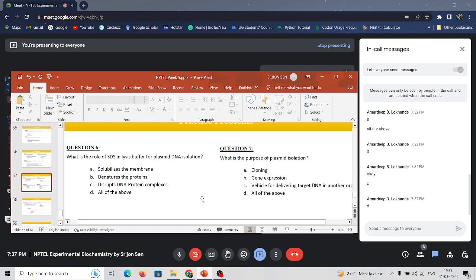Yes, so SDS solubilizes the membrane, it denatures the protein, and it also disturbs the DNA-protein complexes. So you say all of this, yes. So 6D is the right one. Okay, go for question number 7.